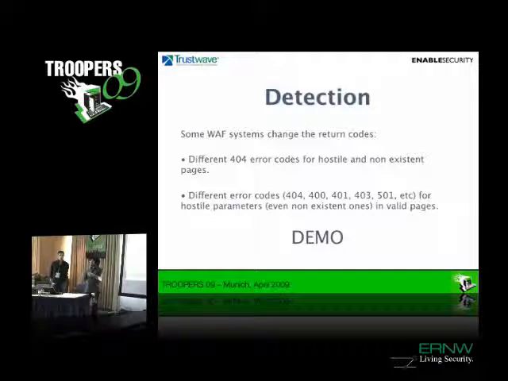If you pass the parameters that are allowed, you get a 200 response. And if you don't, if you insert some malicious script, something which triggers a rule, you might get a 404 or 501, depending on the web application firewall, how it's configured and how it usually replies. And I'm going to show this in practice as well.